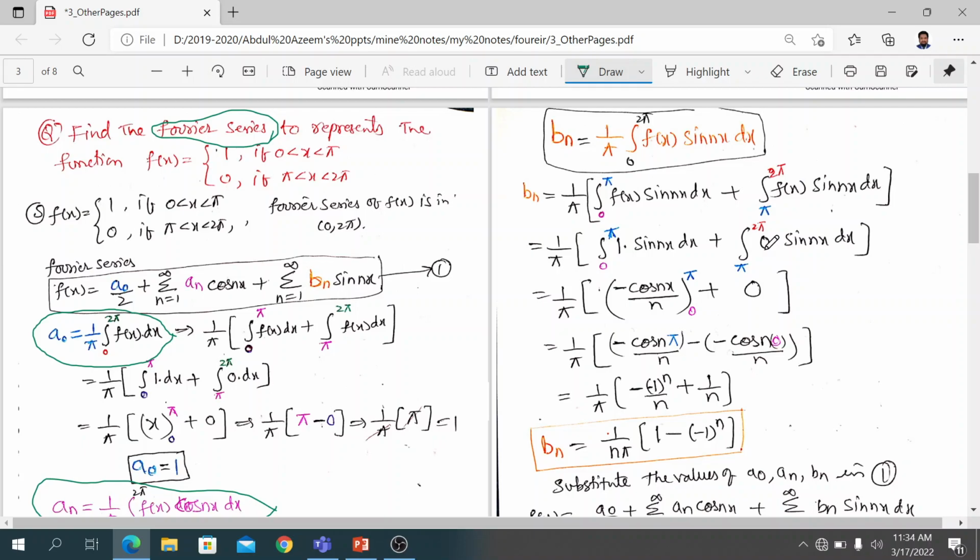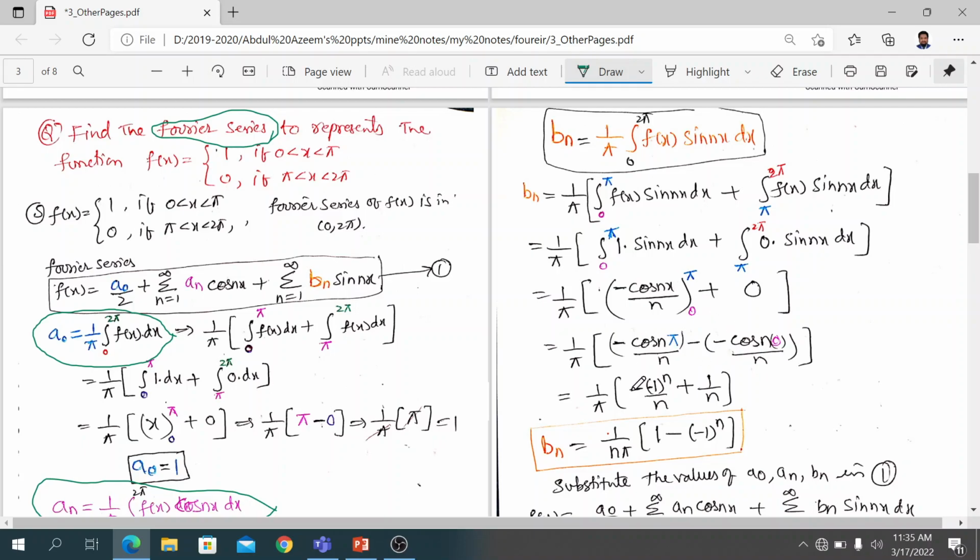1, 0. So 1 into sin nx integration minus cos nx by n, 0 to pi as it is, plus 0 into something 0. Now apply upper limit minus lower limit: minus cos n pi by n, minus formula, then minus cos n into 0 by n.